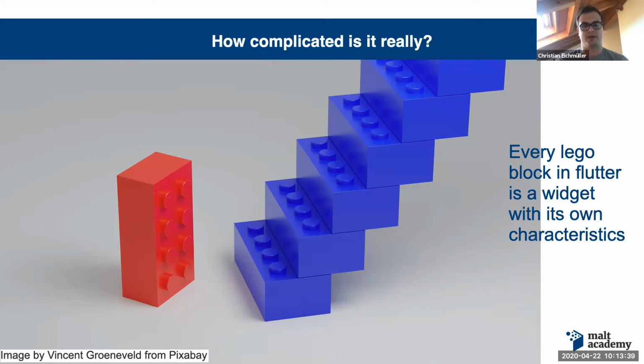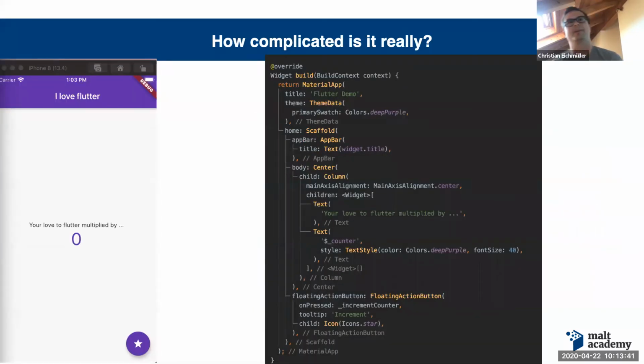So second of all, I'll show you here a little example. So this is the first characteristic. For example, here, as you can see, the scaffold widget, which is below the material app and theme data. The scaffold widget is a widget. You can also view it as a Lego block, and it has its own task. Its task is to align different widgets within the screens.